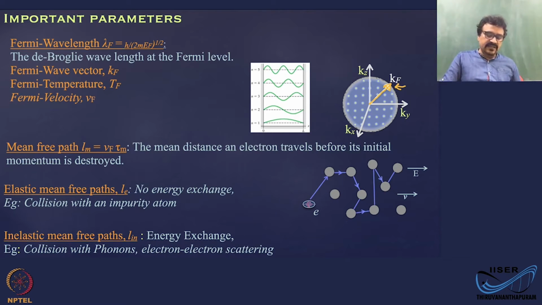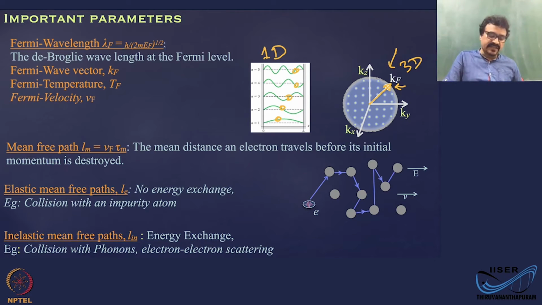If you consider the one-dimensional system, say a particle in a box, this Fermi sphere is for three dimensions. Okay, it's a one-dimensional system. That is a particle in a box problem. So when you add electrons to the system, they will go to the successive quantum levels, and the last filled level is called your Fermi level.